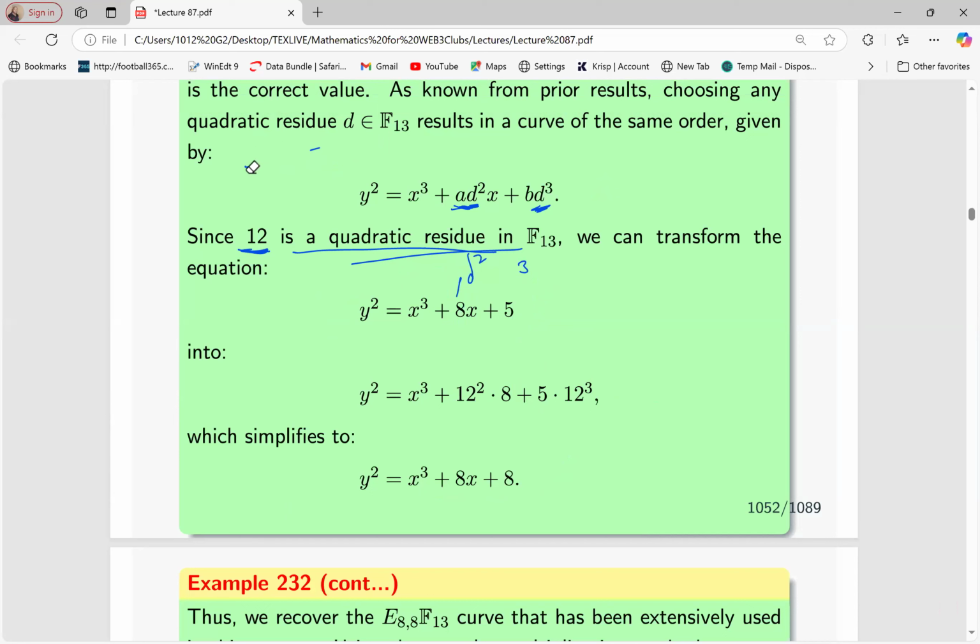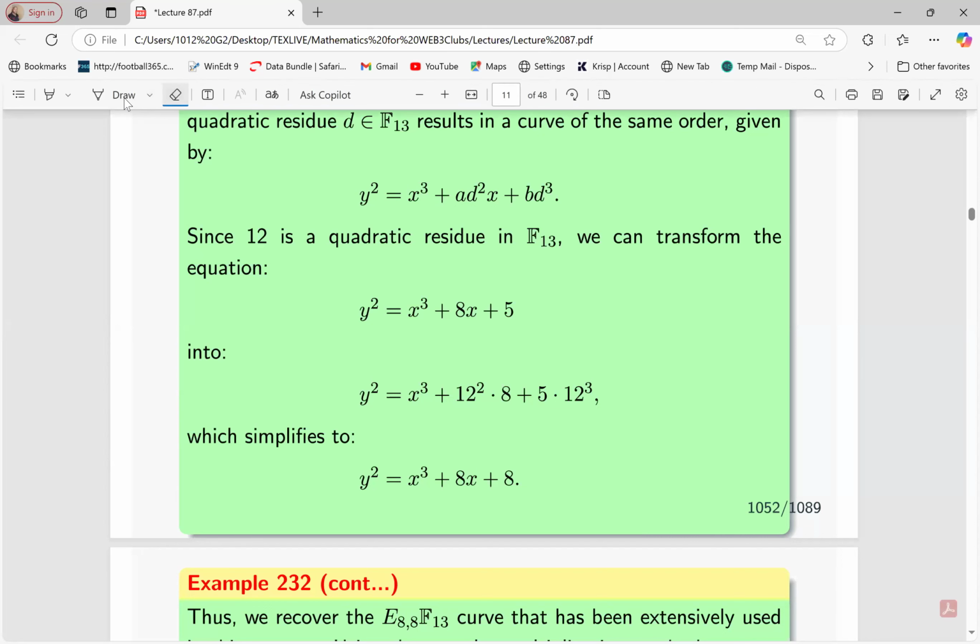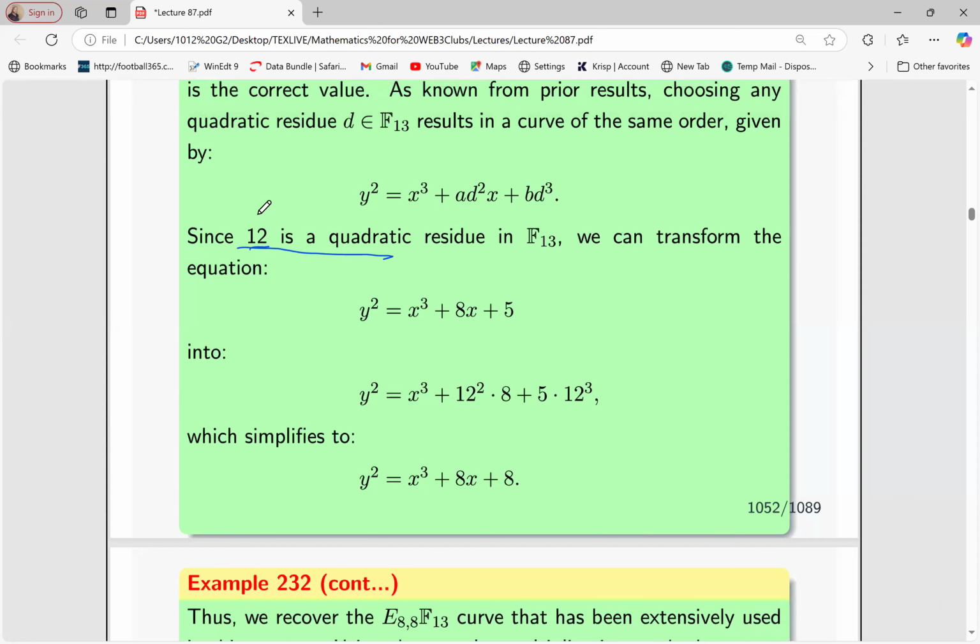But for this case, we had a specific equation we wanted. If we did not have a specific equation, but we just wanted one that would give us 20 points, there are so many options. For instance, at the point where we were picking a quadratic residue, you see I picked 12 because I specifically wanted to get this equation.